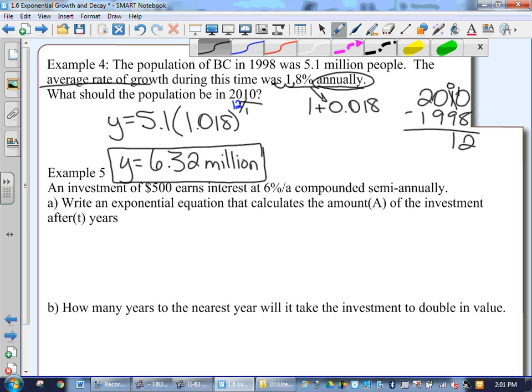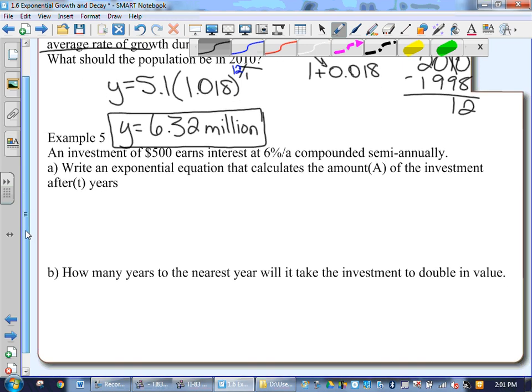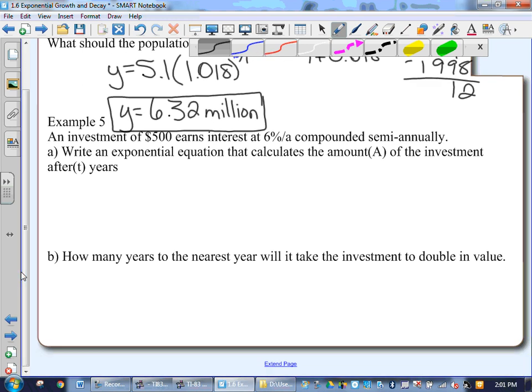Example number 5, put a star beside this because it's a special formula that you're probably going to have to look back on in order to remember how it works. So in this one it says an investment of $500 earns interest at 6% per annum. So that line means per, and the A means annum, which means year.